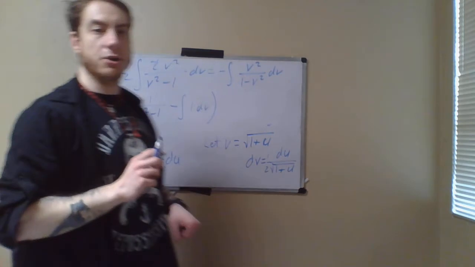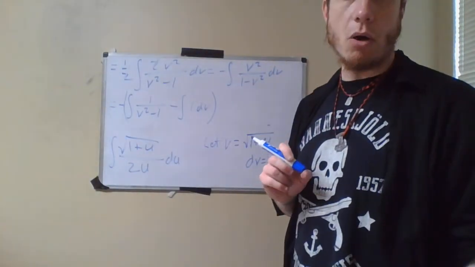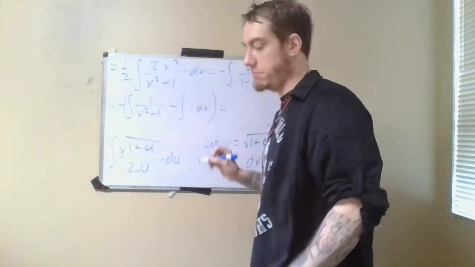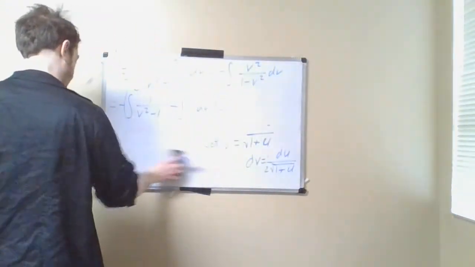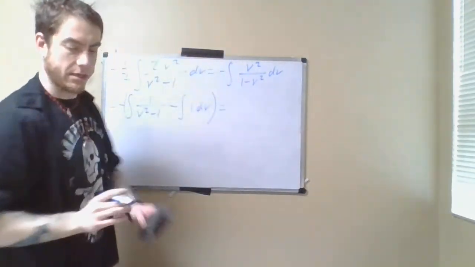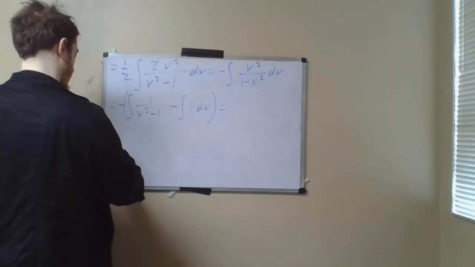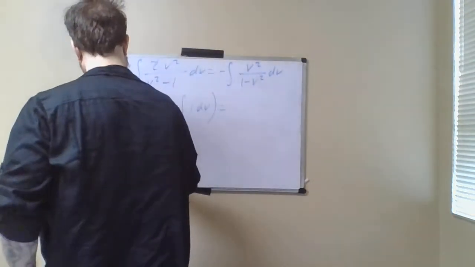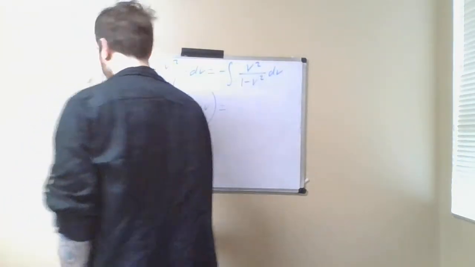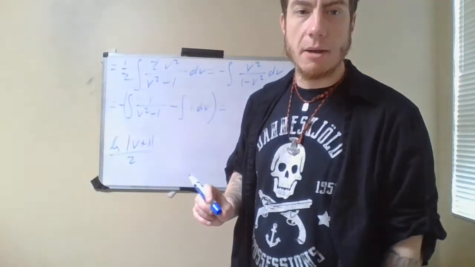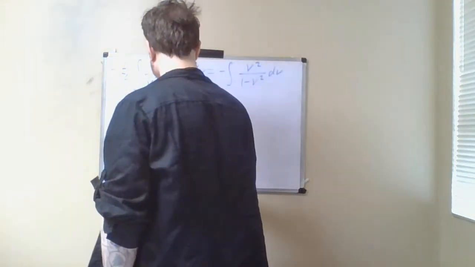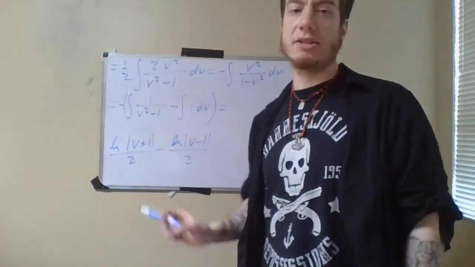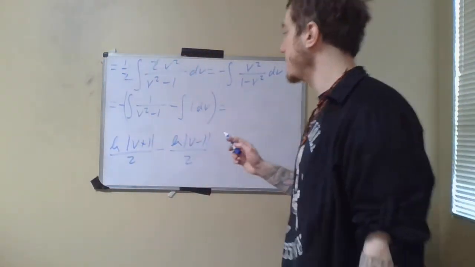And when you deal with this integral by partial fractions, what you're going to get is that this integral is going to come out to be natural log of v plus 1 over 2 minus natural log of v minus 1 over 2 plus a constant, but we're going to ignore that for the moment.